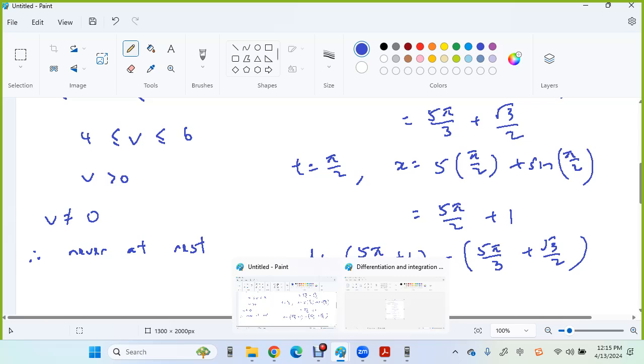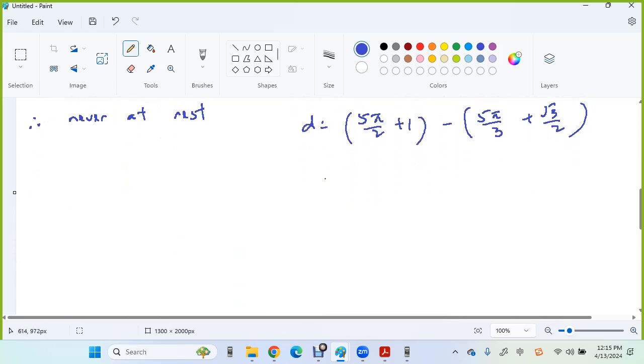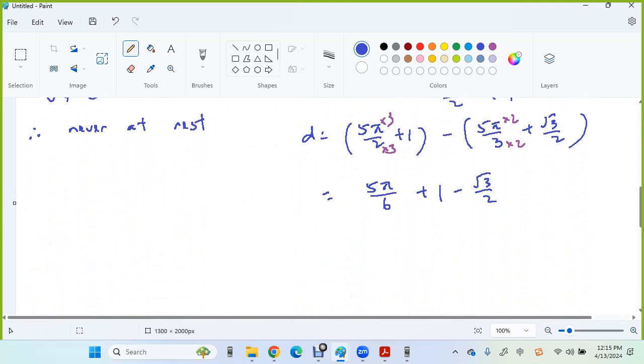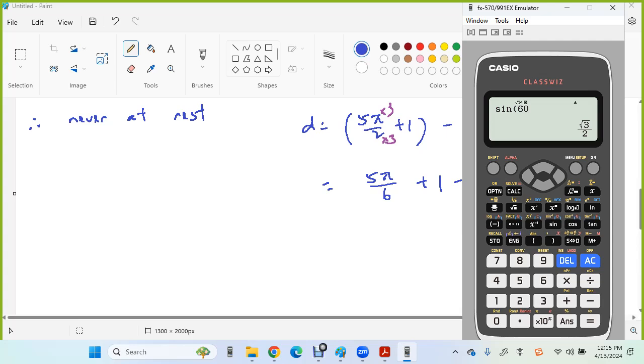So we will have 5 over 2 minus 5 over 3. I multiply by 3 and by 2, so 15 minus 10, then it will be 5 pi over 6 plus 1 minus square root 3 over 2.